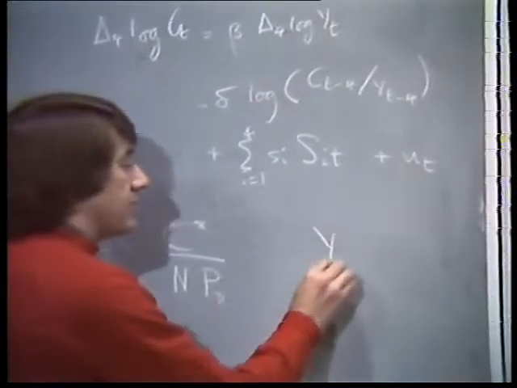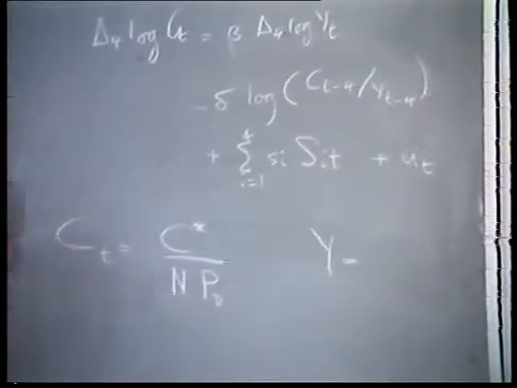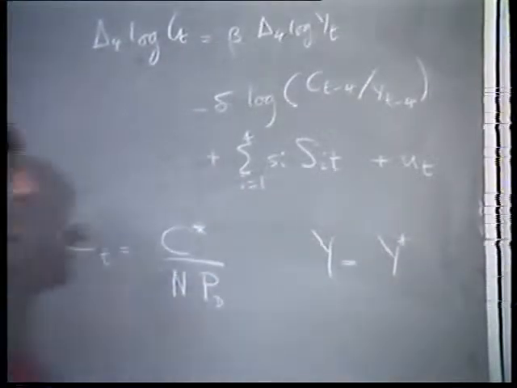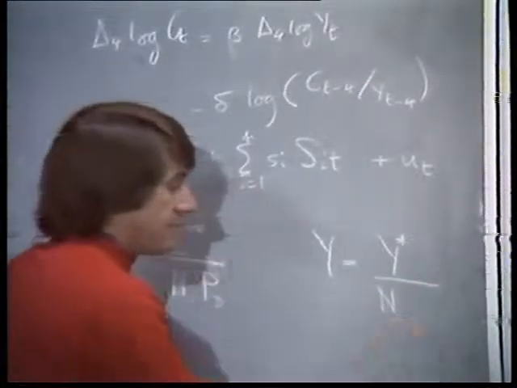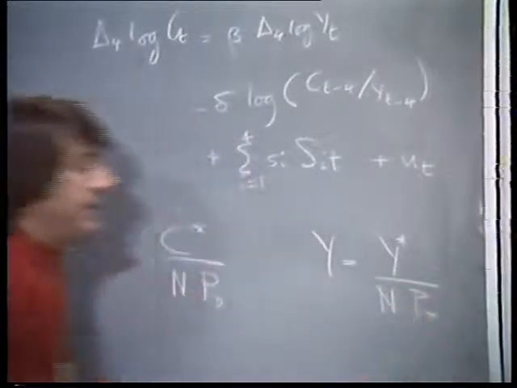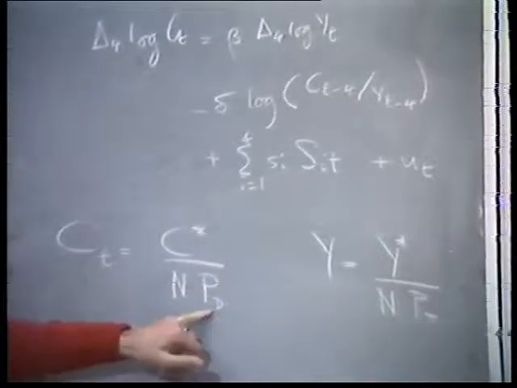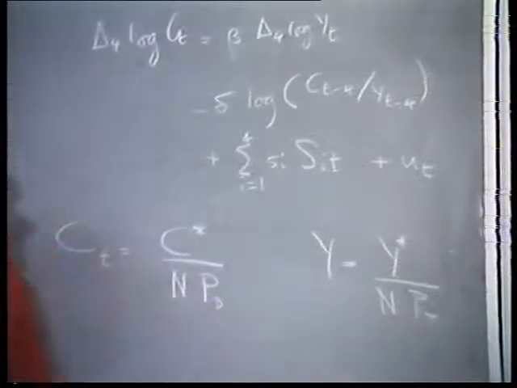And similarly, the income variable is the nominal GDP variable per capita divided by the price index for total consumer expenditure. This is just durable, that's total.